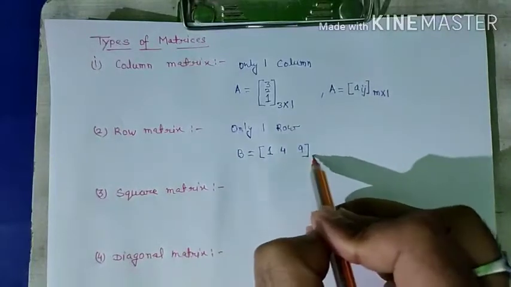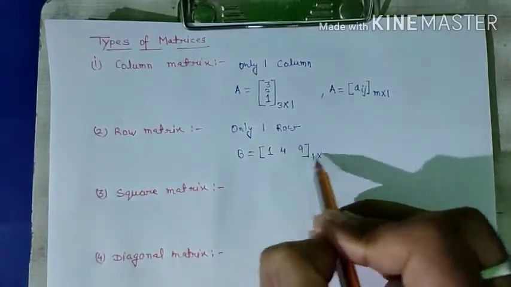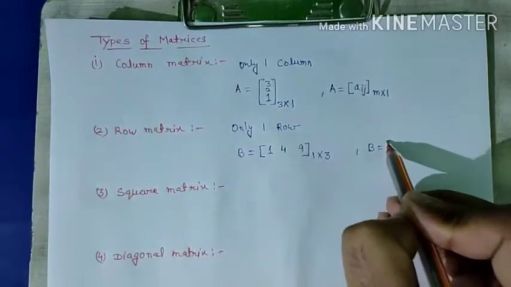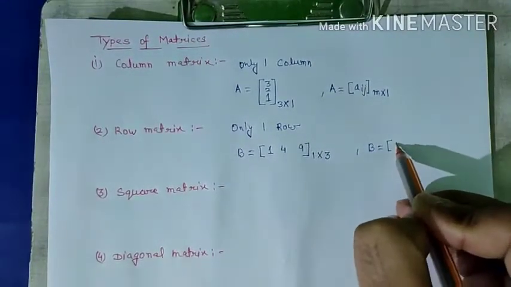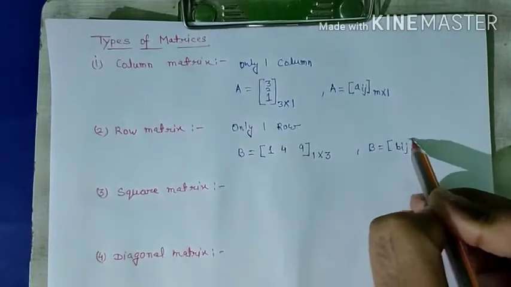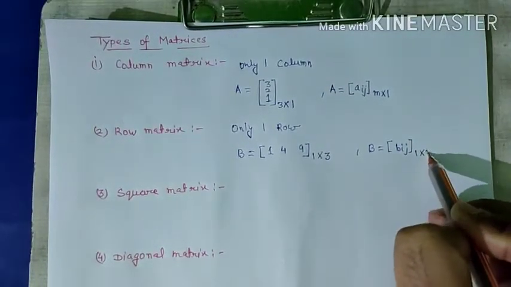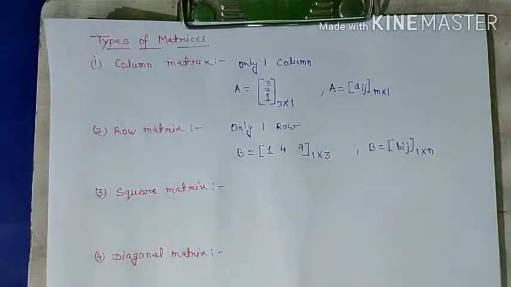How many rows? 1 row and 3 columns. So in general we can write it in this way: b_ij of order 1 by n. So in this way we can represent a row matrix.